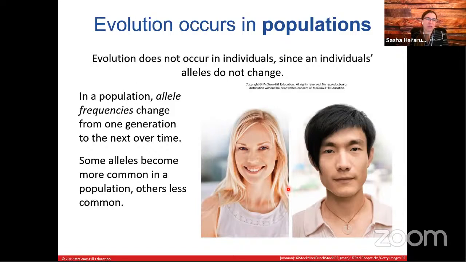Some alleles become more common in the populations, and other alleles become less common. So in populations in the Nordic countries, the alleles for light hair, blue eyes, and quite tall height, I'm jealous, became frequent, and in populations in, let's say, Southeast Asia, the alleles for dark hair and almond-shaped eyes have become more frequent.